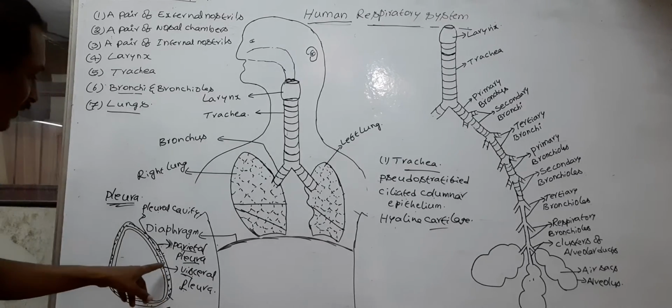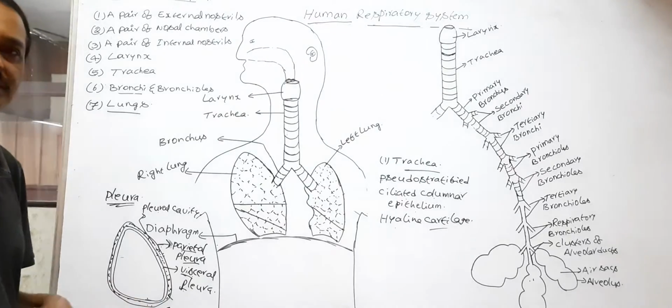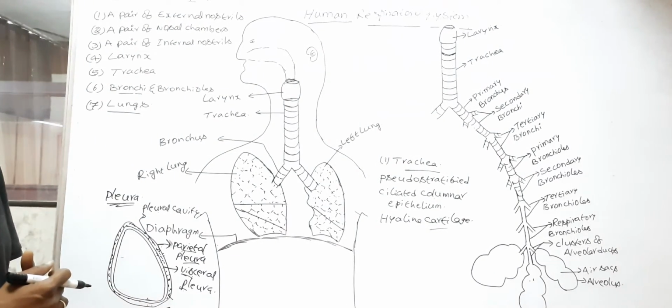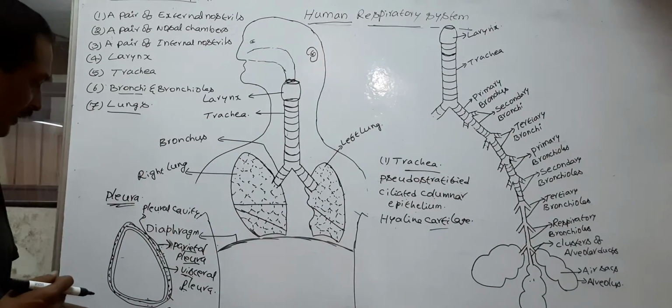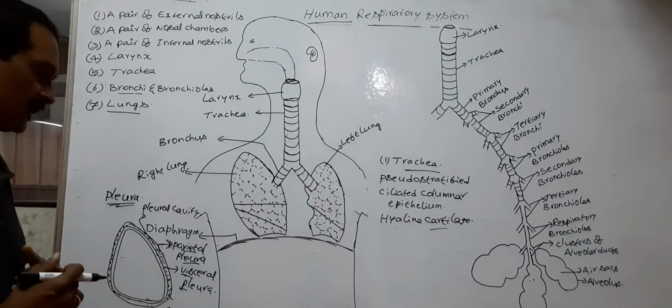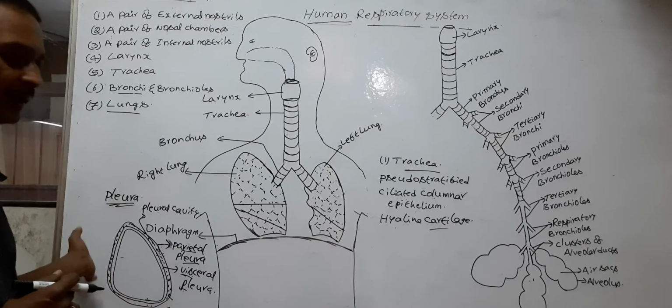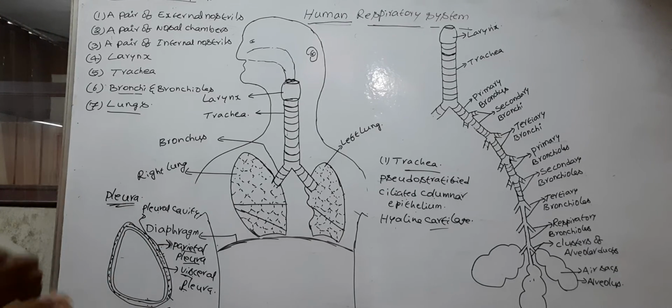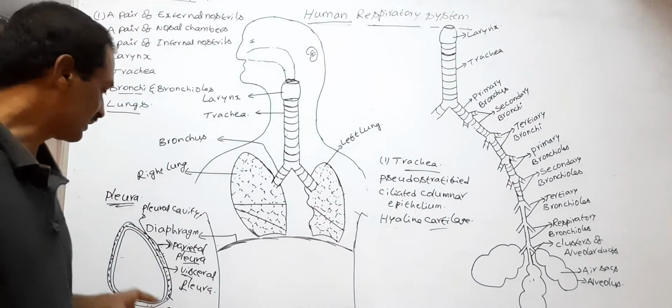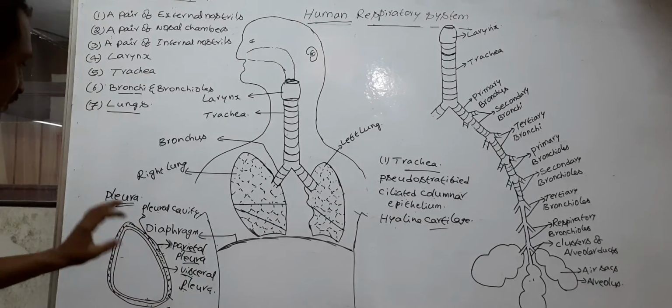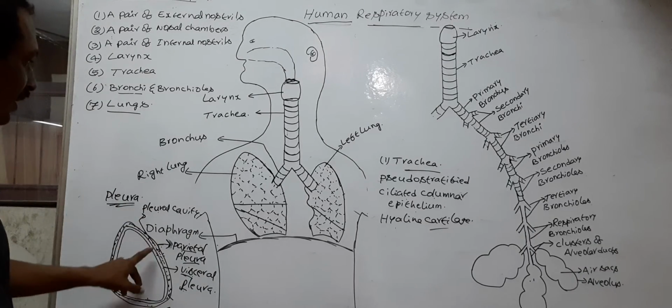It prevents friction on the surface of the lungs. So the pleural fluid reduces the friction on the surface of the lungs during inspiration and expiration. So these are the pleural layers.